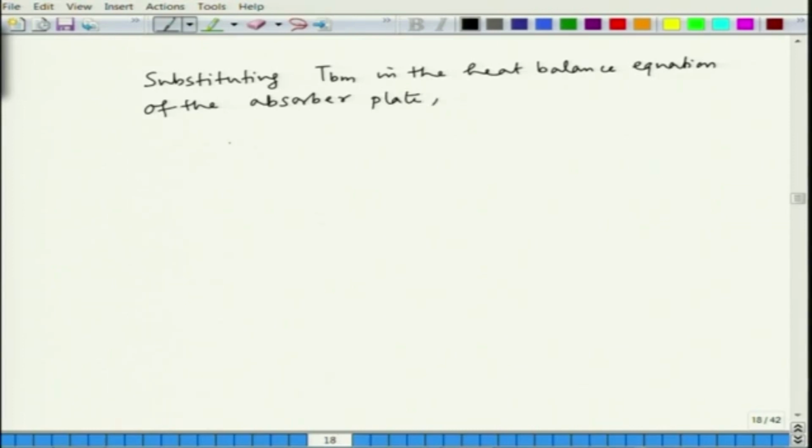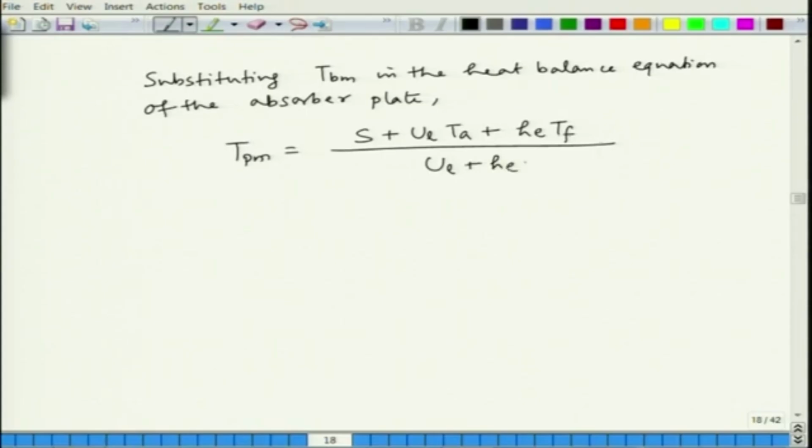what can we write? We can now have a much simpler expression for the mean absorber plate temperature. Okay. What is that? It is UL TA plus HE TF. What HE is I will just tell you now, but let me write it first. Okay.